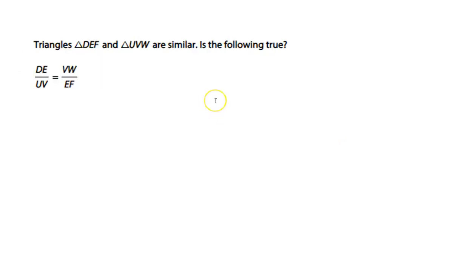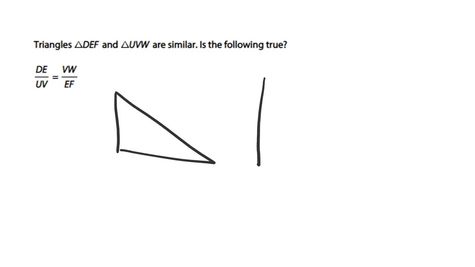So if we draw a picture and try to visualize what this is asking, if DEF and UVW are similar, we don't really know the specific shape of these triangles, but we can guess. It's a triangle, so if they're similar, then they're going to be the same exact shape. However, they might be different sizes.